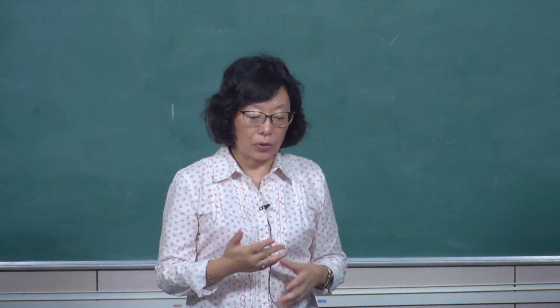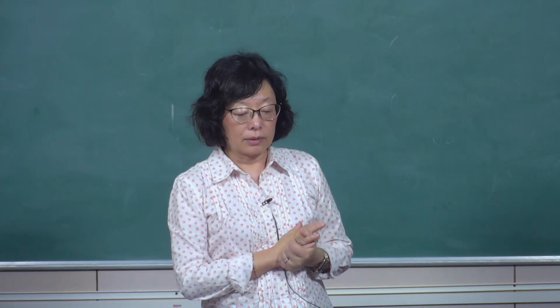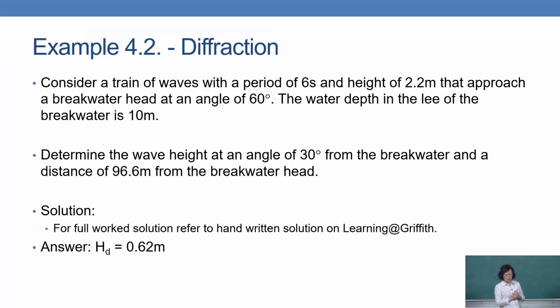So now we look at an example. Consider a train of waves with a period of 6 seconds and a height of 2.2 meters, approaching a breakwater head at an angle of 60 degrees. The water depth in the lee of the breakwater is 10 meters.